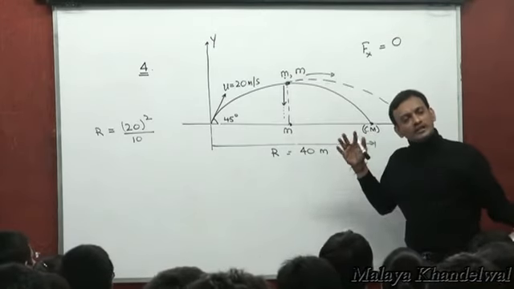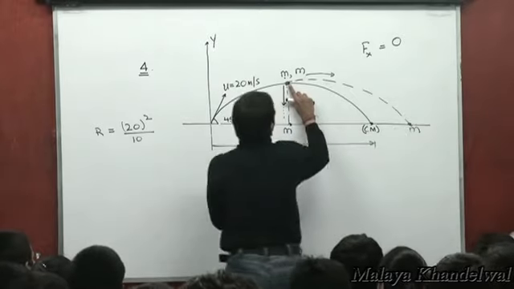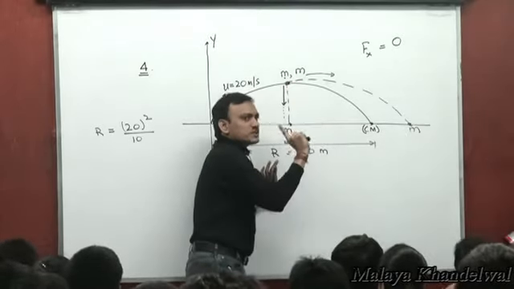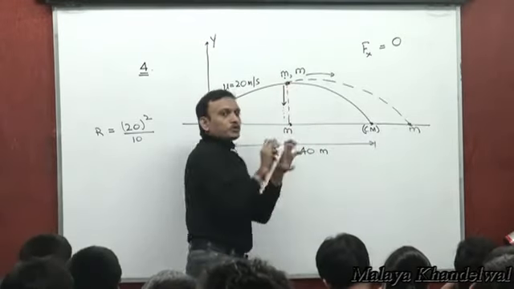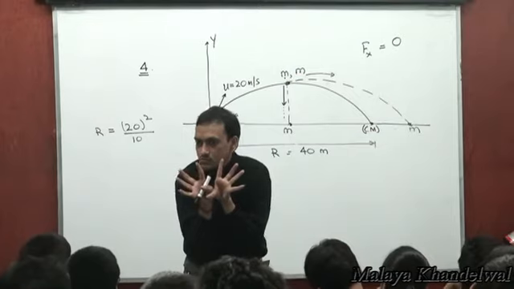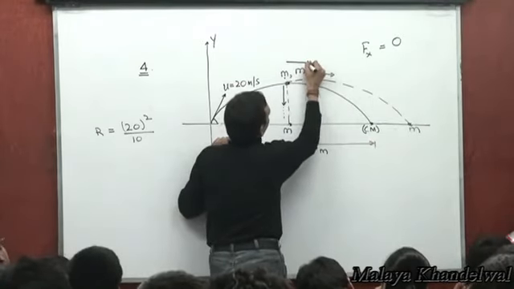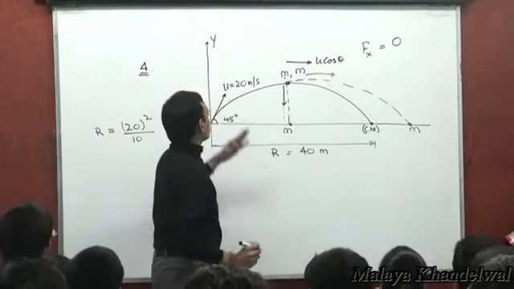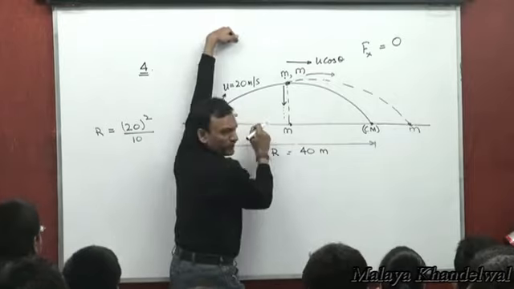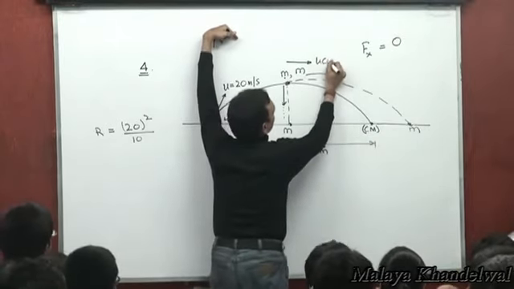In the horizontal direction, the velocity of the center of mass remains constant. So just before fragmenting, I'll repeat, please understand this very carefully. Just before the projectile got fragmented into two pieces, the center of mass had a velocity u cos theta, u cos 45 degrees, yes or no?